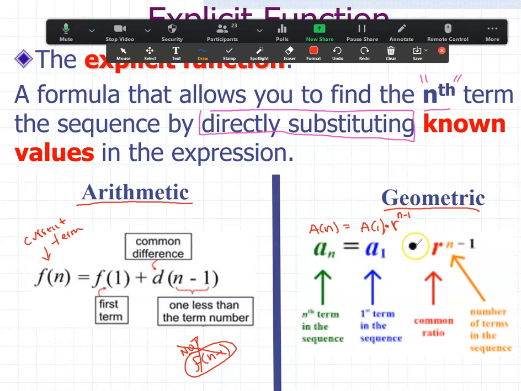This would be if you are dealing with geometric sequences and working with explicit functions. And there you go. It's color coded where this is the nth term, first term, common ratio, and the number of the term in the sequence.